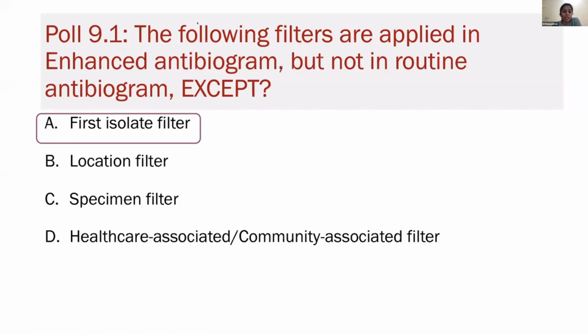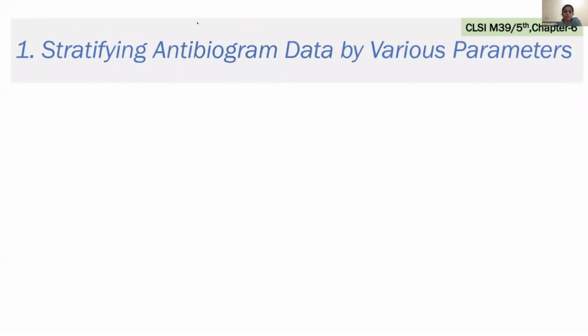All the rest of the filters are applied in enhanced antibiogram, that is the location specific filter. Specimen filter is also called syndromic. When you collect the data applying the specimen filter, it is called a syndromic antibiogram. And there is a healthcare associated and community associated filter also. So the stratification can be done by applying various filters.